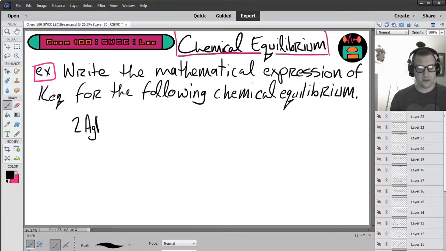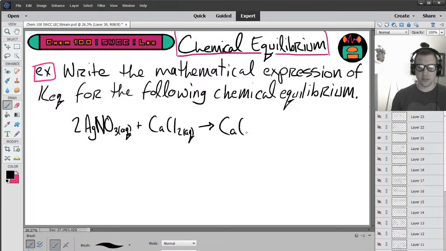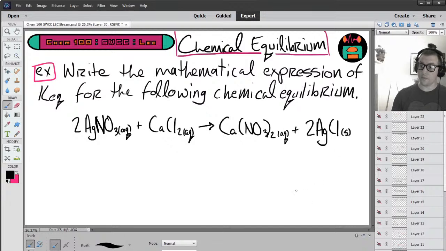So we have aqueous silver nitrate reacting with calcium chloride, also aqueous, to produce calcium nitrate and silver chloride.